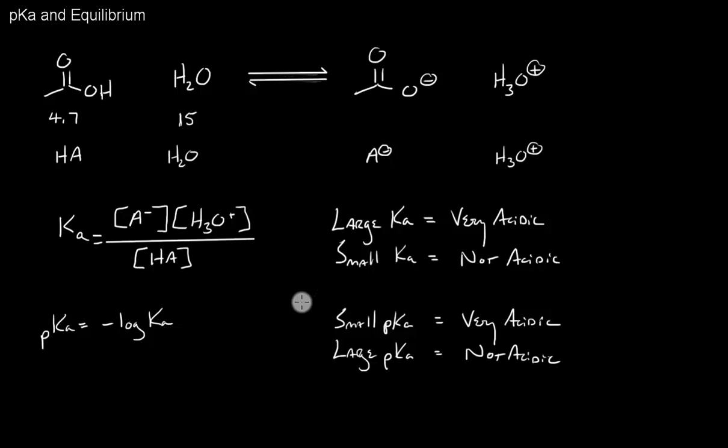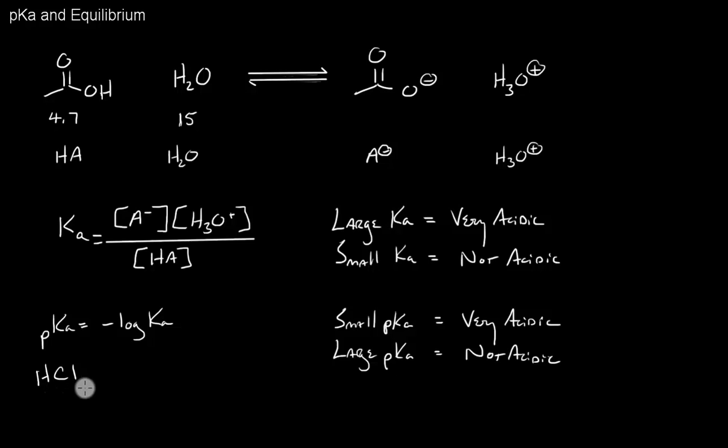Just to give an example, let's talk about Ka's and how they relate to pKa's with a molecule that we already know. So if we go back to HCl, if you've memorized the pKa for HCl, you would know that the pKa for HCl is -6. So let's try to relate the Ka, or the equilibrium constant for HCl, to its pKa.